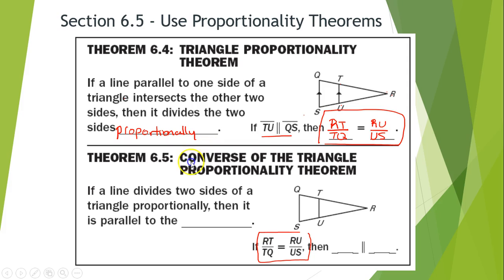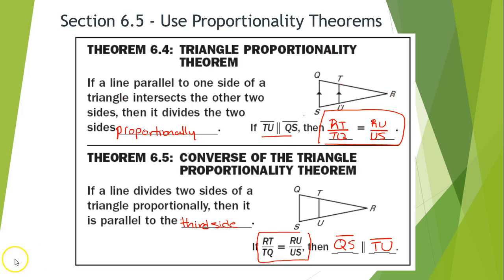And how this is going to be stated is if a line divides two sides of a triangle proportionally, then it is parallel to the third side. So what goes in these blanks right here is that QS is parallel to TQ or TU.